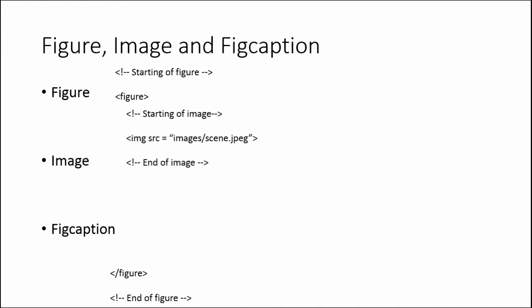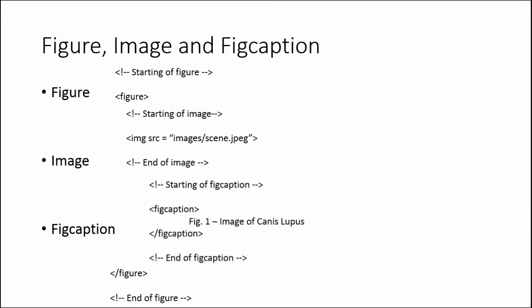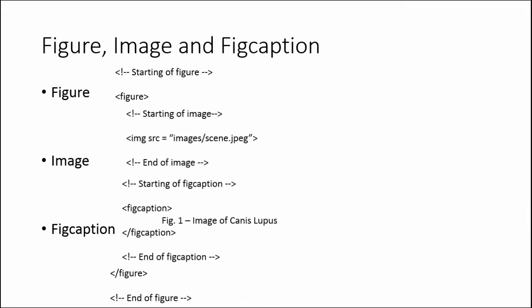We do not provide other files along with index.html. That's the reason we are working in the index page. Now we can provide some information inside that figure caption. It reveals that this is the image of Canis lupus.